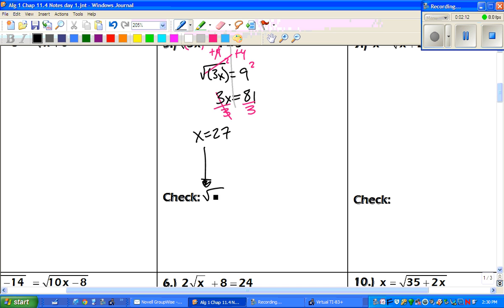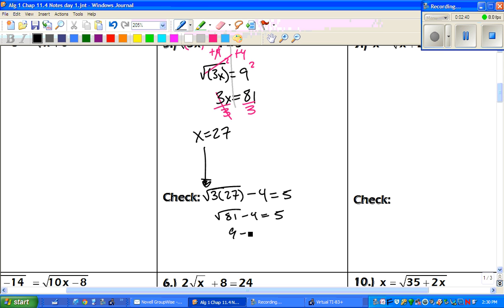And now we check with the original problem. So, square root of 3 times 27, the minus 4 is outside of that, equals 5. So we're only worried about the 3 and the 27, 3 times 27, and that gives you 81.